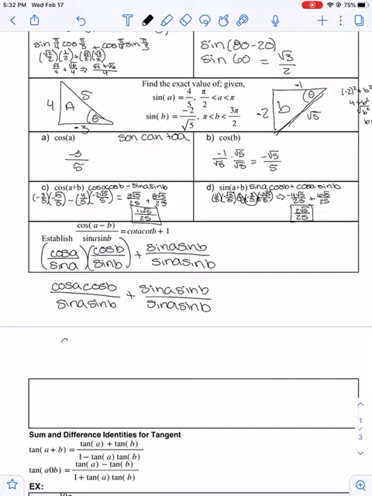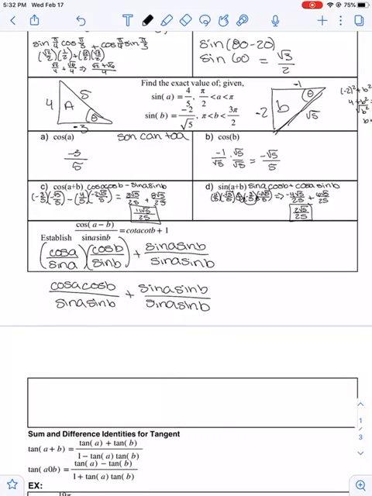So we would end up getting the cosine A cosine B plus sine A sine B, over sine A sine B. Start thinking of which one that looks like from up above for the sum and difference formulas.